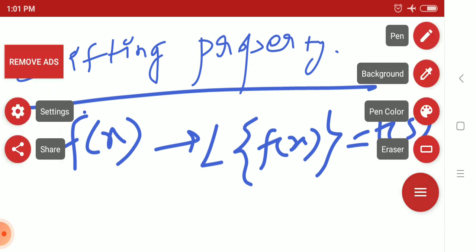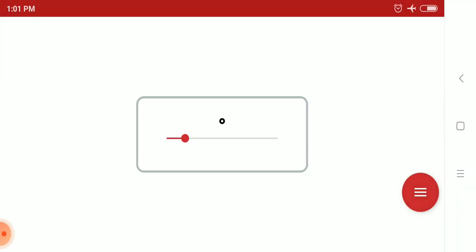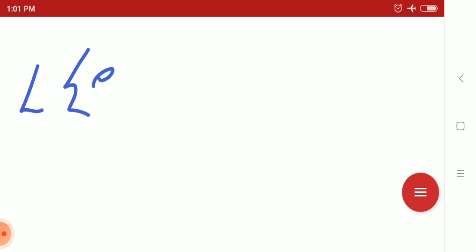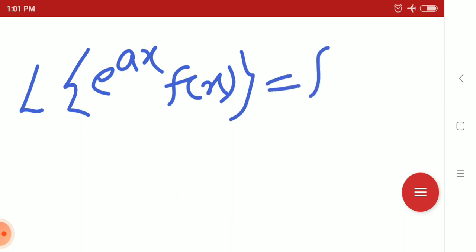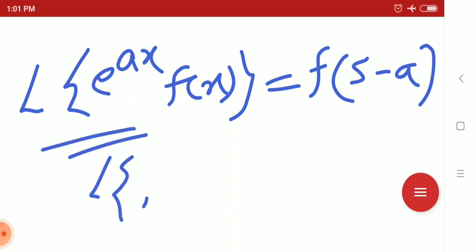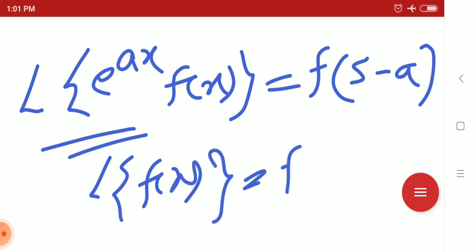Then the Laplace transformation of e to the power ax f of x will give us F of s minus a. This is a very important property. Similarly, the Laplace transformation of e to the power minus ax f of x will give F of s plus a.